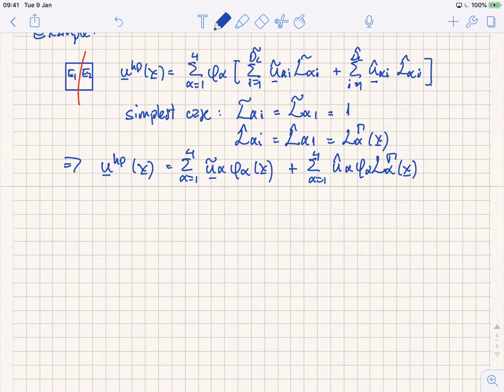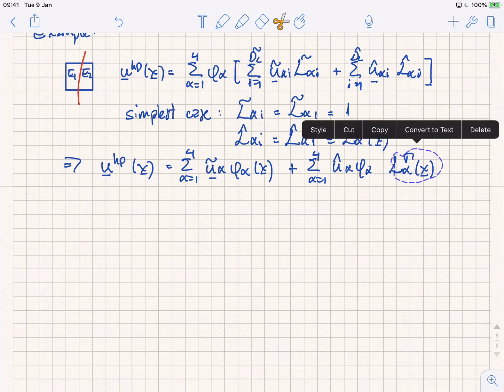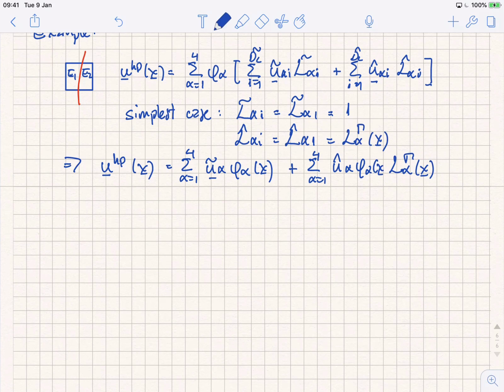And of course I forgot to also state the dependency of this in x, right? And this is a degree of freedom vector.